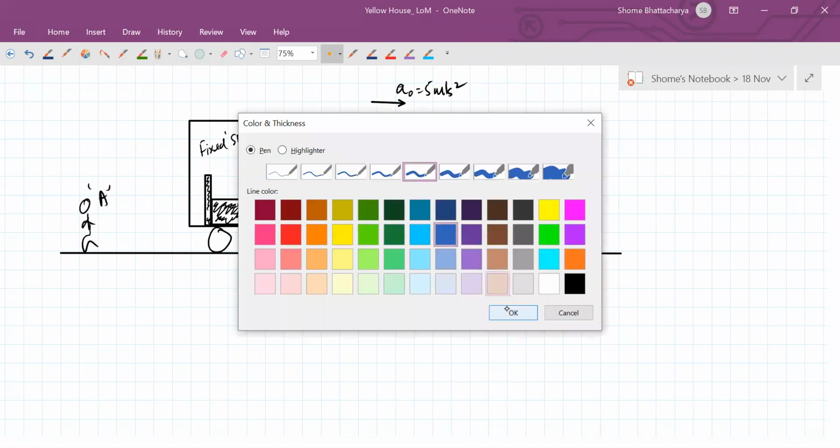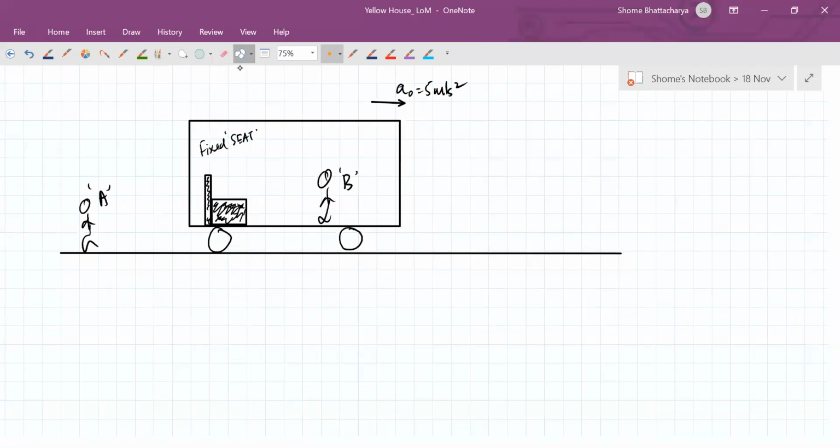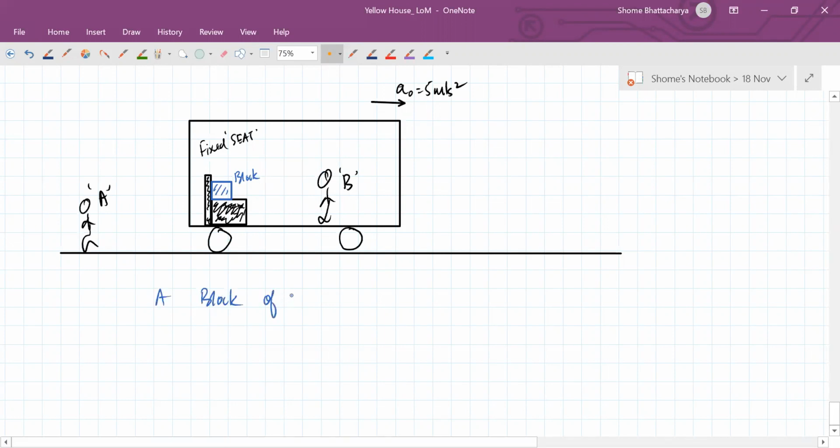Now what we are doing is we are placing a block of 10 kg mass on a seat fixed inside.